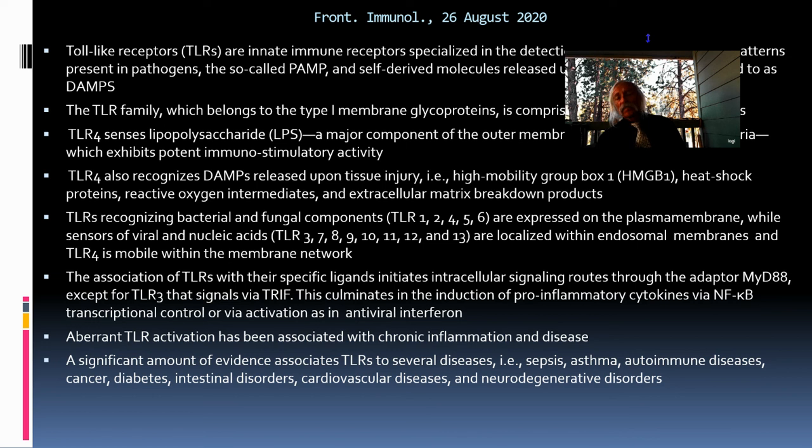That is sepsis, asthma, AIDS, autoimmune diseases, cancers, diabetes, intestinal disorders, cardiovascular diseases, and finally neurodegenerative diseases. So you can believe there's a great deal of interest in understanding how toll-like receptors mediate pathobiochemical events.